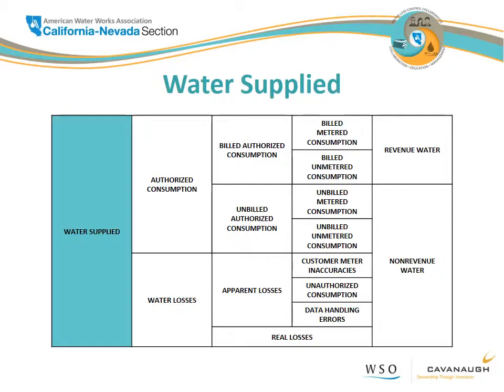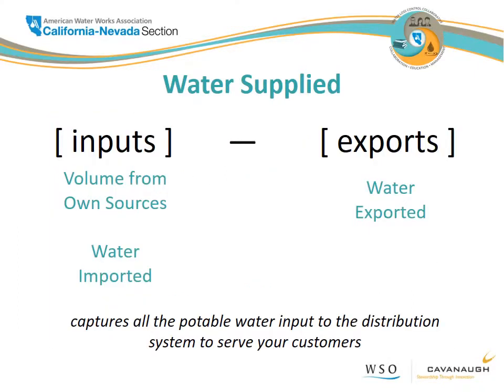First, water supplied. I'll take a pause here to note that water supplied is one of the most important volumes of the water audit. Water supplied represents all of the water that is input into your distribution system to serve your customers.